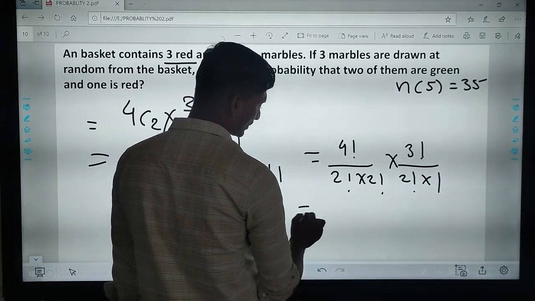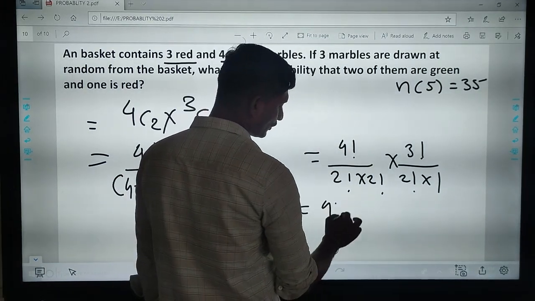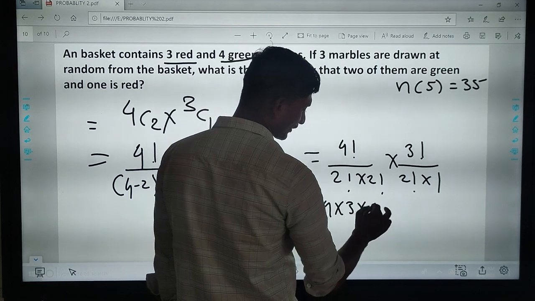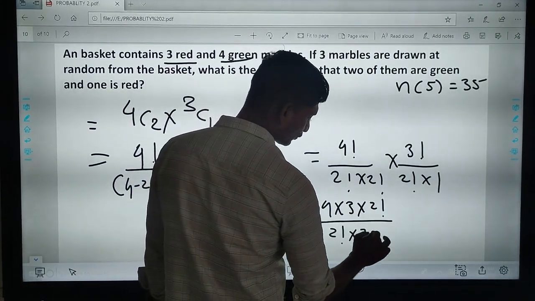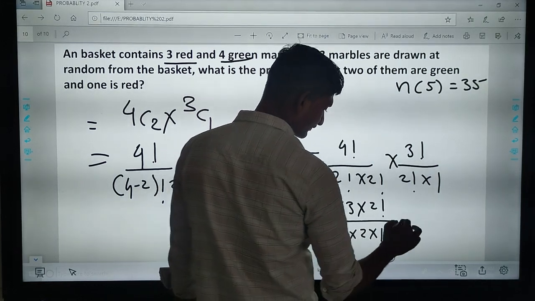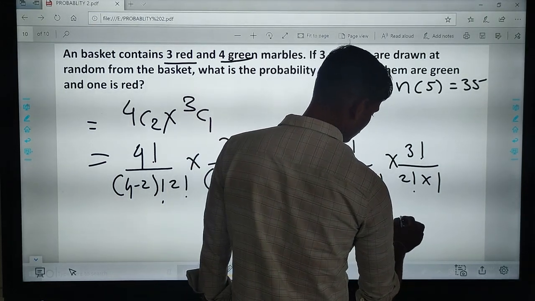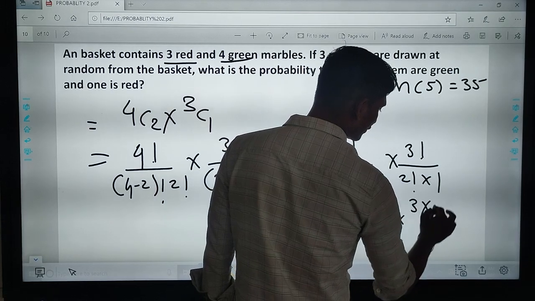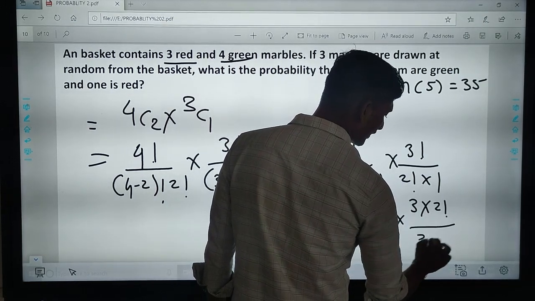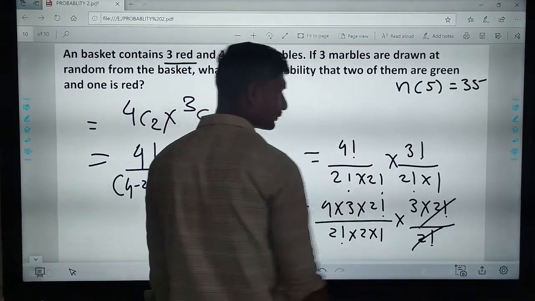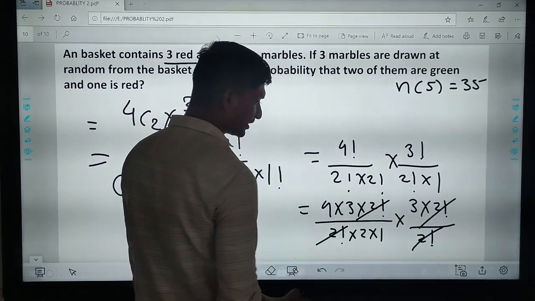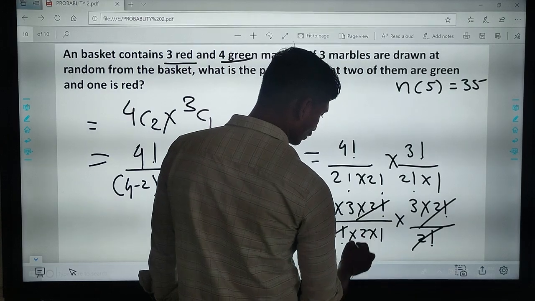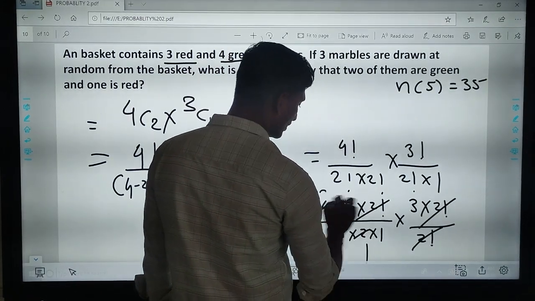Then we write 4 factorial as 4 into 3 into 2 factorial. Here 2 factorial remains the same. Then 2 factorial means 2 into 1, into 3 factorial, which means 3 into 2 factorial, divided by 2 factorial. 2 factorial gets cancelled. Then remaining is 2 1s are 2, 2 2s are 4.